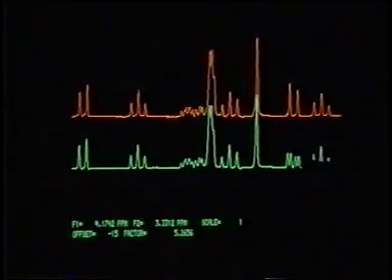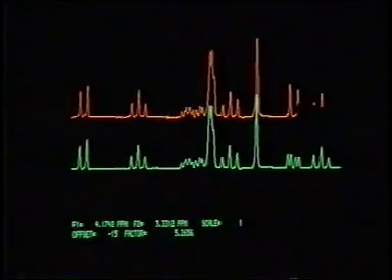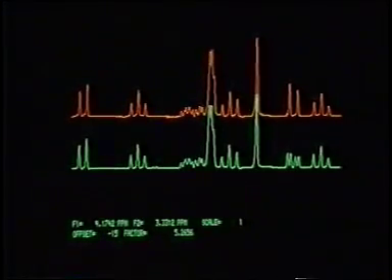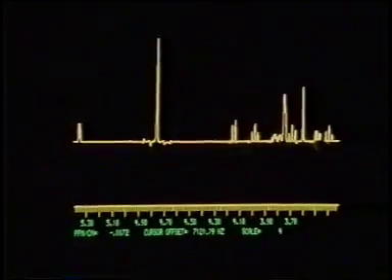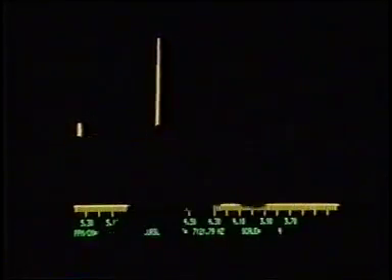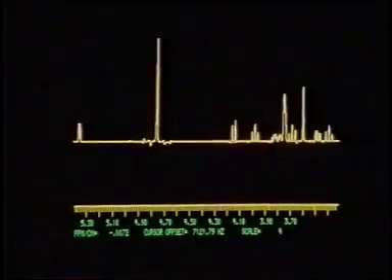For example, this doublet of doublets collapses to a doublet, allowing us to interpret the spectrum more easily and telling us unambiguously that these two signals are coupled together. There's another way of deciding which NMR resonances are coupled together, and it's particularly valuable when solving very complex structures.